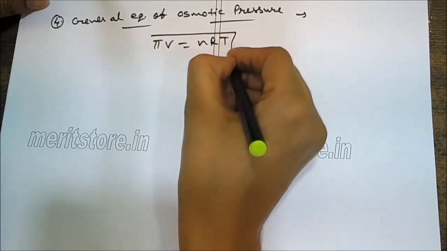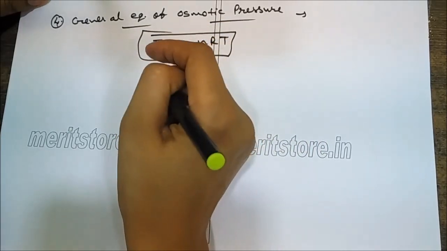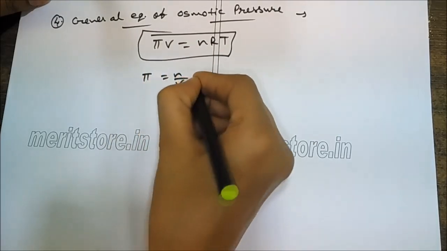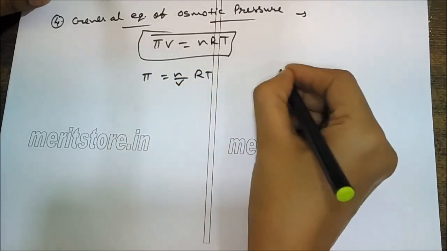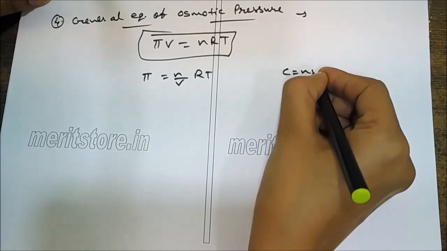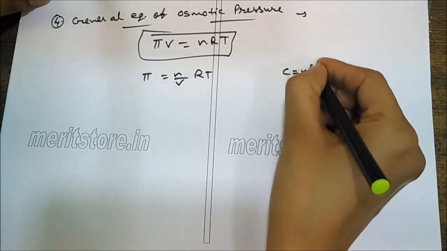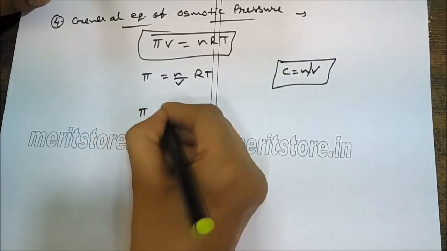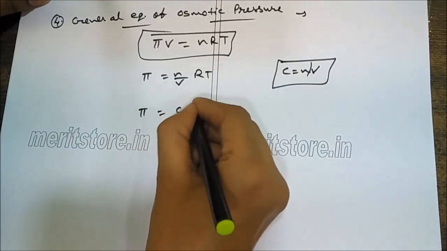This is the general equation for osmotic pressure, or we can write it as pi is equal to n by V times RT. As we know, C is equal to n by V, so we can write the values here: pi is equal to CRT.